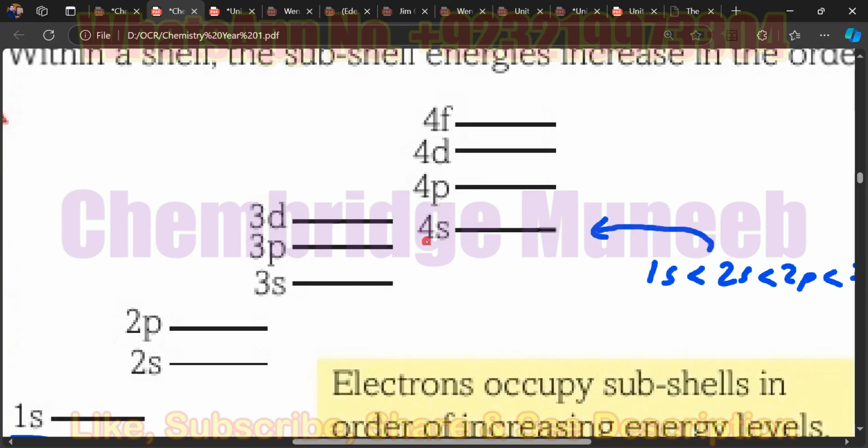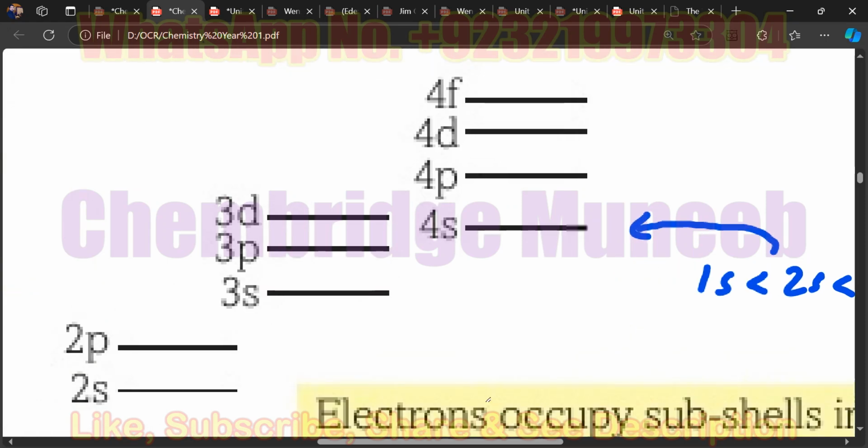But after 3p, if you look closely, after 3p comes which subshell and orbital? 4s. After 3p comes 4s, and after 4s, which one? 3d.